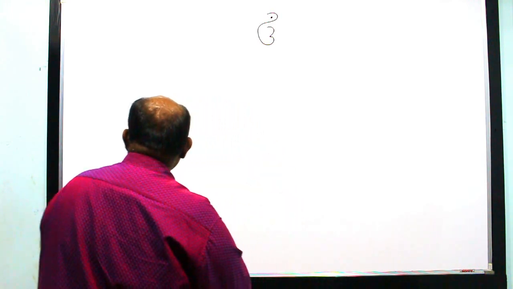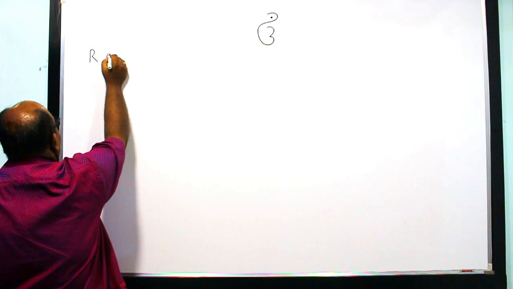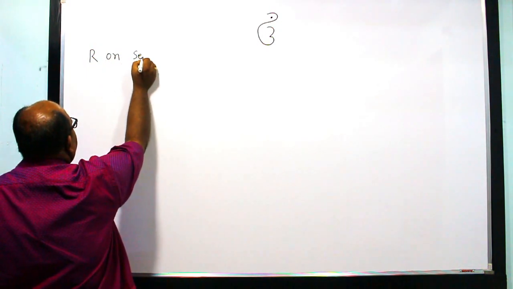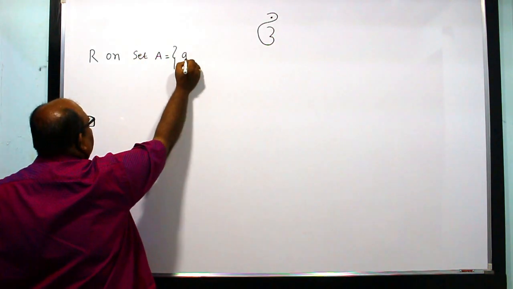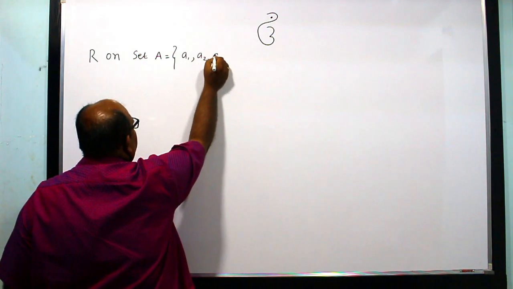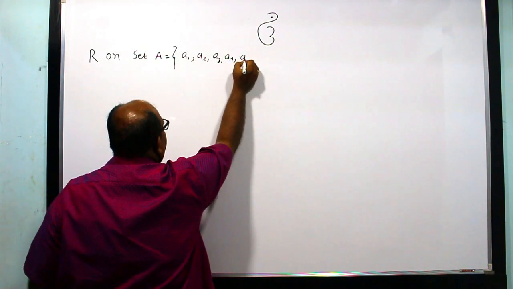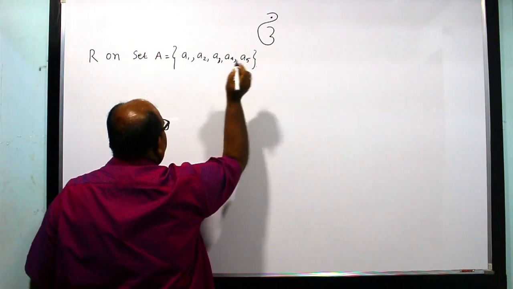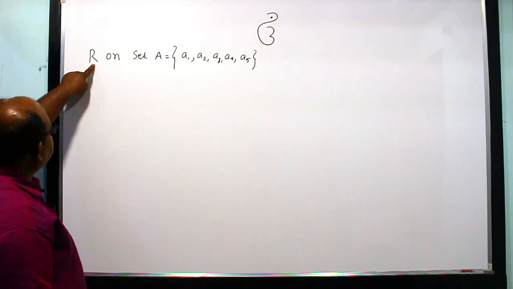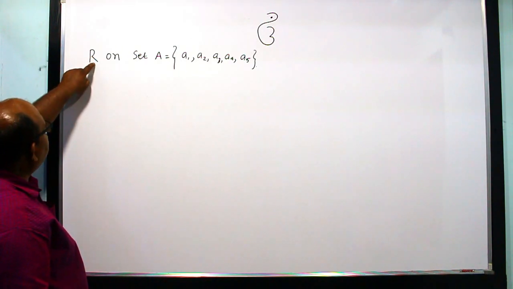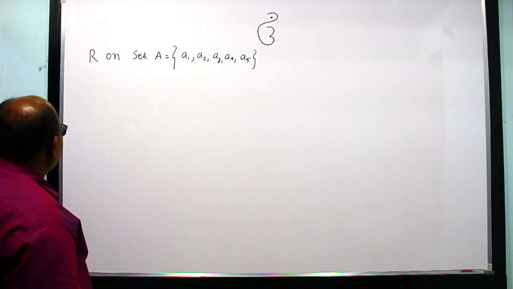Let R be a relation on set A, which contains elements A1, A2, A3, A4, A5. Given this R is equivalent, we have to prove its inverse is also an equivalent relation.